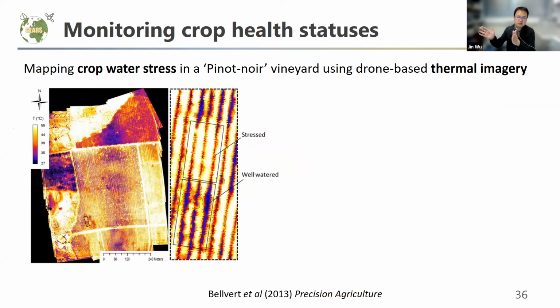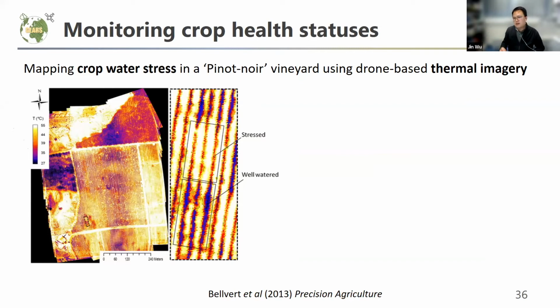And like we mentioned before, water absorption bands are really sensitive in the short-wave infrared, from 1,400 nanometers until 2,500 nanometers, and that is really expensive. Only very few drone-based sensors can carry that part of the spectral domain. That probably explains why not many studies use hyperspectral remote sensing to monitor water stress.